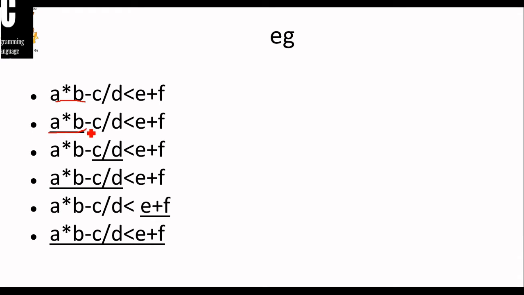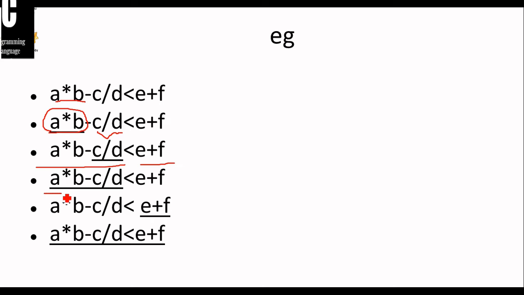First find A * B. After this, with the higher priority, perform C / D. And here is the less than sign with E + F. So first we need to calculate the answer of the left part.